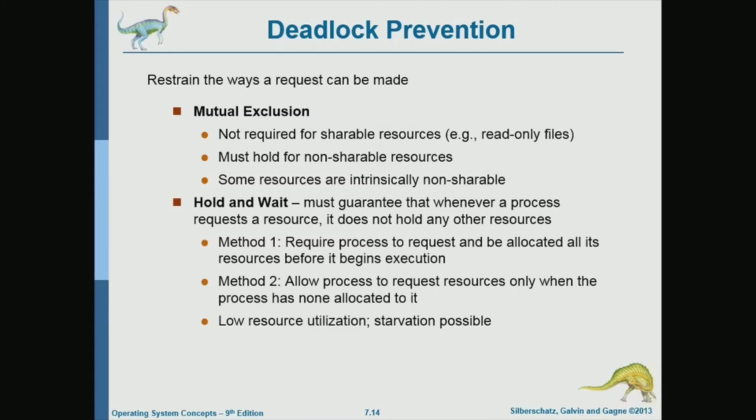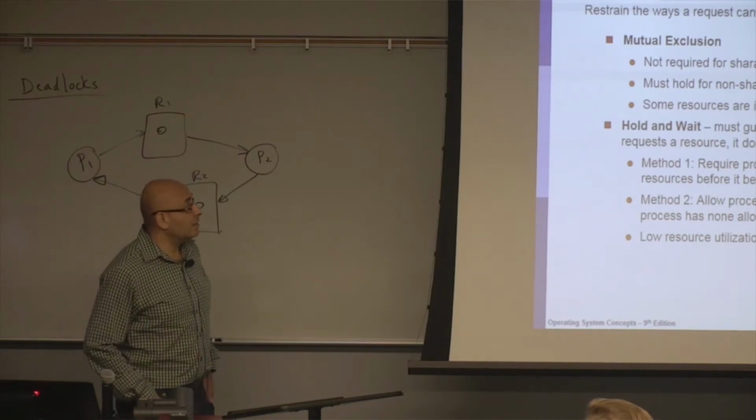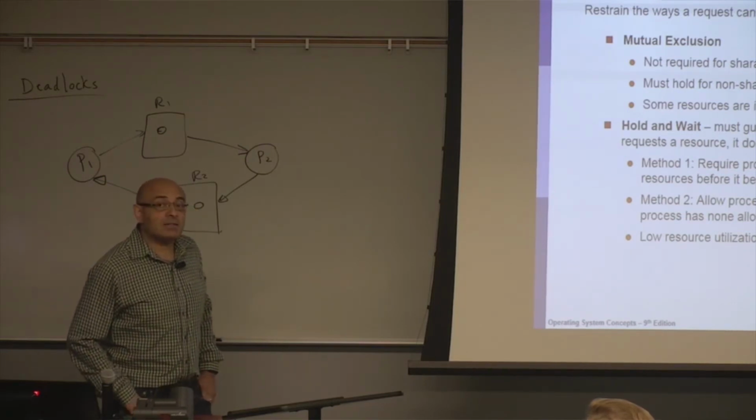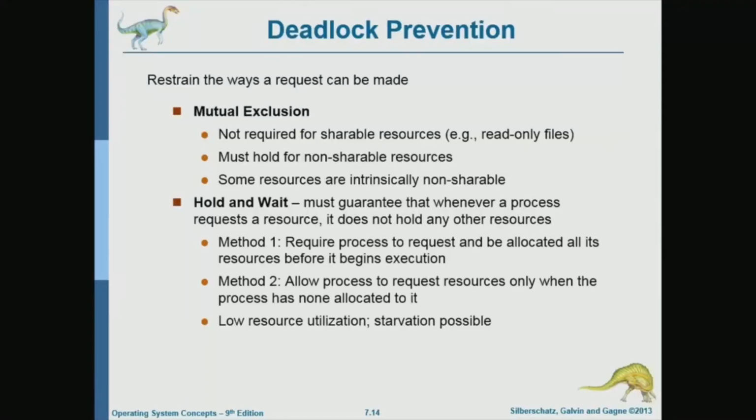But we just can't do that, because some of the resources are by nature non-shareable, like files in write mode. When you write to a file, you cannot have multiple processes writing to the same file at the same time. Only one process can be running. So mutual exclusion is a must here for correct execution.